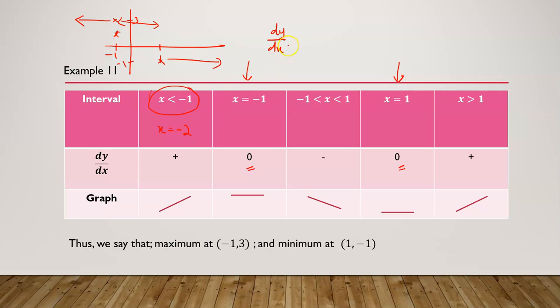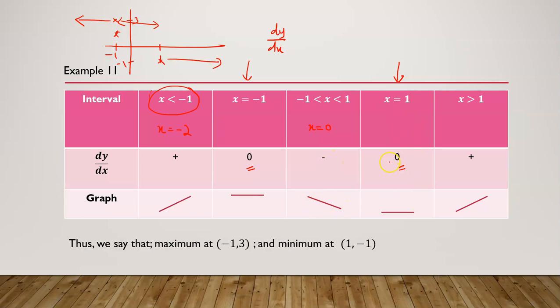You substitute into your dy over dx equation and you get a positive number. A positive number means your graph will be increasing, so I put increasing. Between negative 1 and 1, say I substitute x equals 0, I get a negative value, so it's going down.